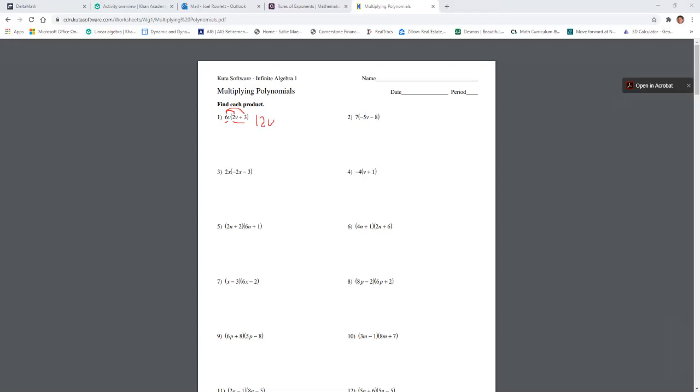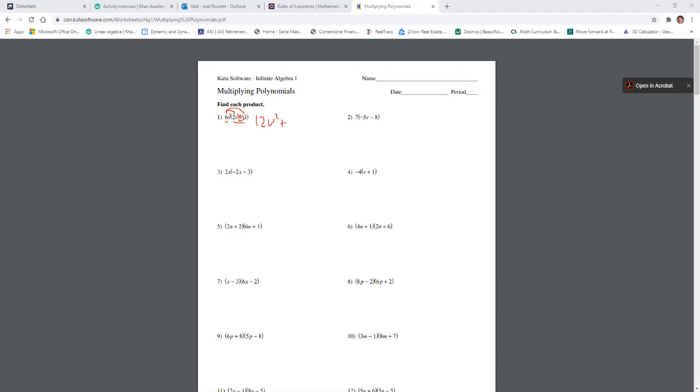V to the power of, well, I have a 1 here that's understood and a 1 here, so that's going to be v to the power, and since I'm multiplying, that's going to be 1 plus 1, which is 2. So that's 12v squared. And then I have a plus here that's going to go along for the ride.